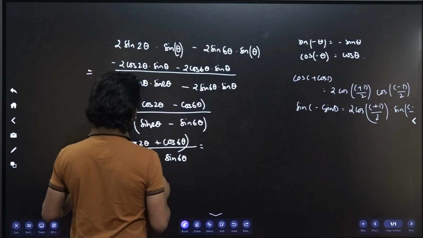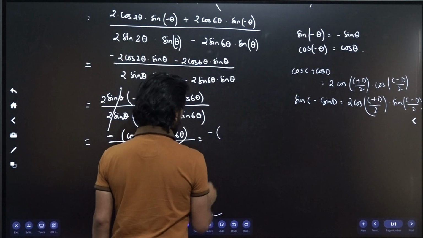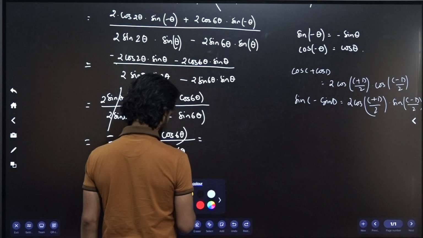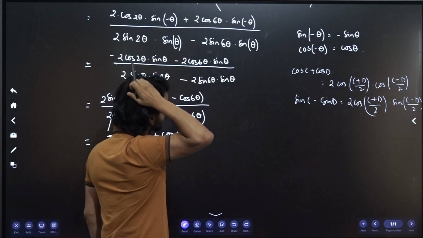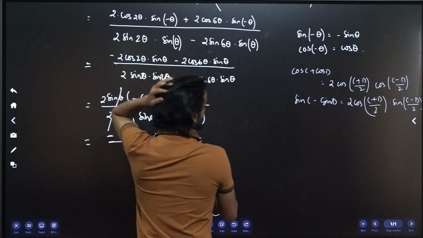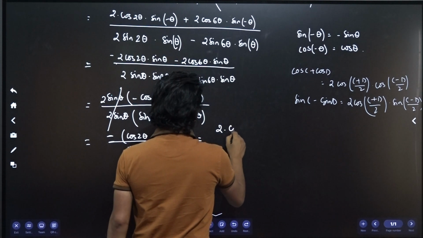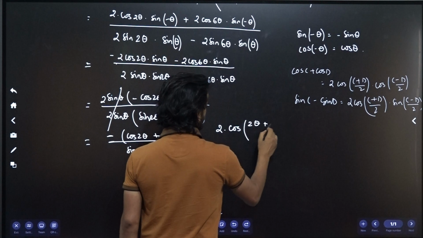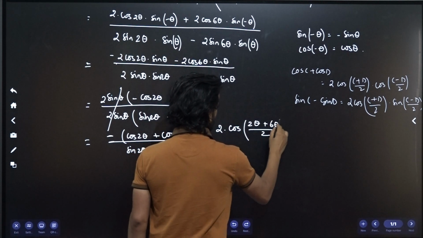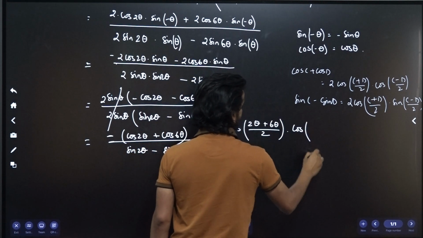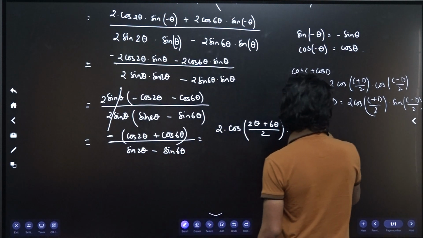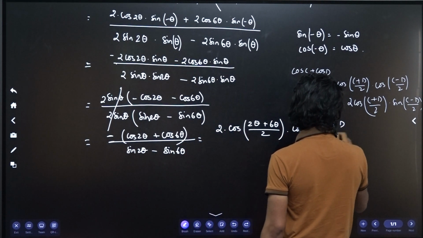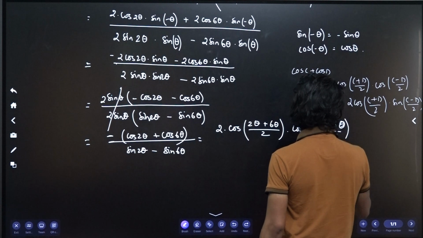And you have cos C minus cos D. What is cos C plus cos D? 2 cos (C plus D) by 2, 2 theta plus 6 theta, into cos (C minus D) by 2, 2 theta minus 6 theta, divided by 2.